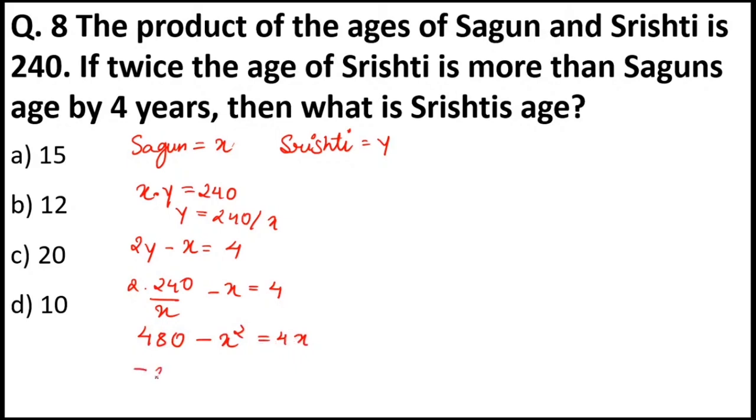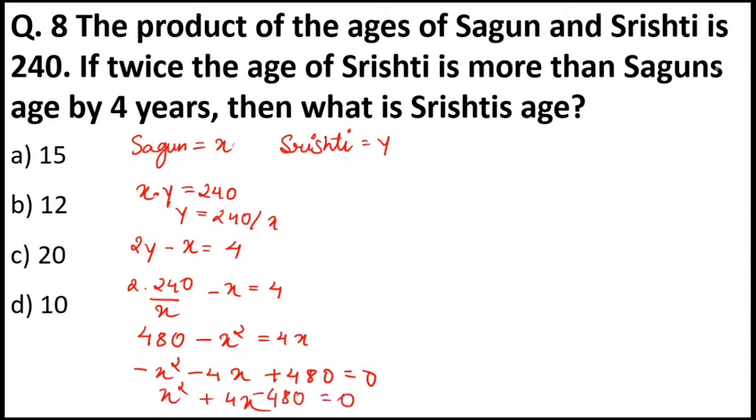Minus x square minus 4x plus 480 is equal to 0. So I'll just take minus 1 as common and multiply it both sides. So x square plus 4x minus 480 will be equal to 0.